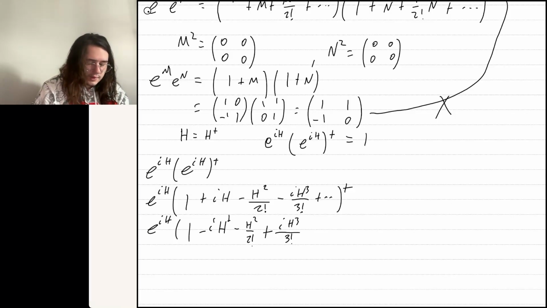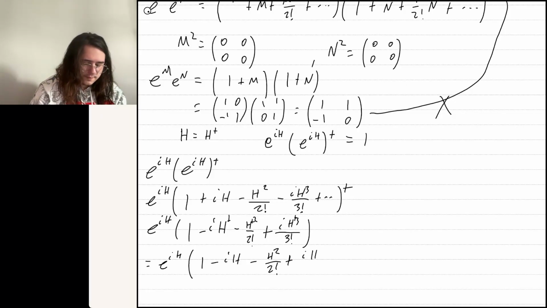And also, all of the H's have daggers, but because H is Hermitian, all of those daggers will just go away. So it looks just like H on each of them, right?